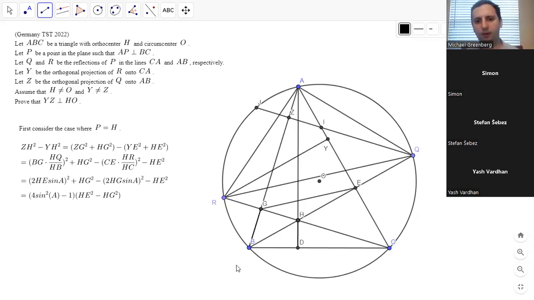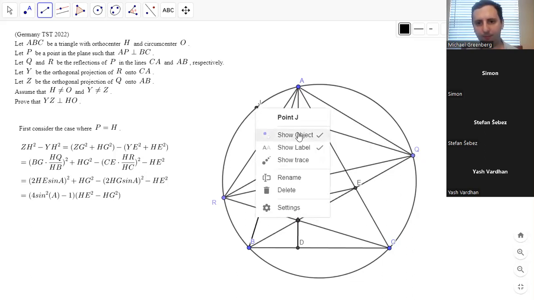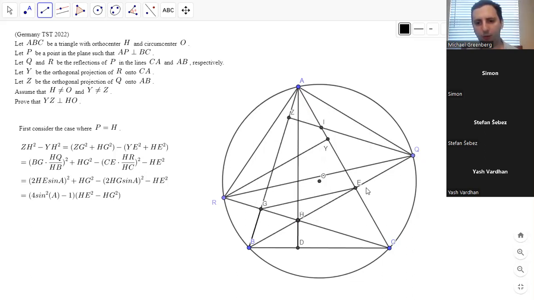Just ZB. So ZB, oh, that's just BQ times this angle. Yeah, you're right. So I don't really need this, because we know that this angle is 90 minus A. And then BQ, okay.